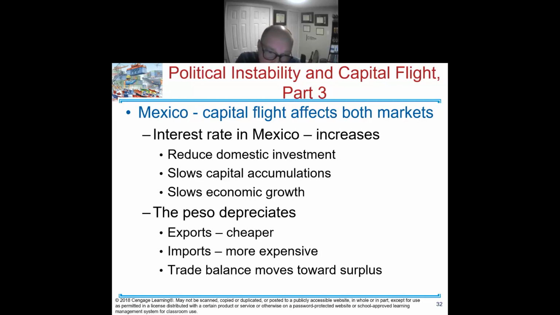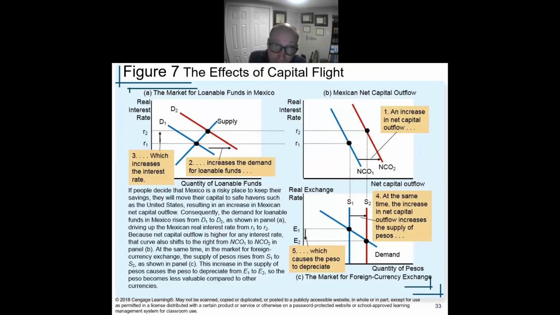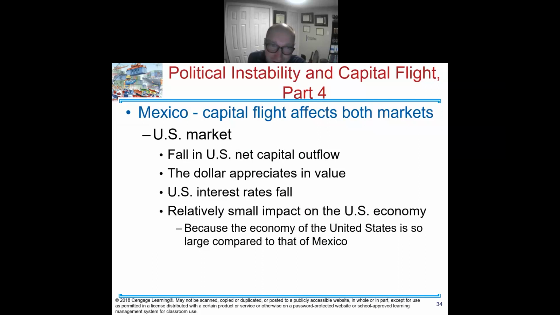It reduced domestic investment, so the Mexicans weren't investing in themselves. It slowed capital accumulation and slowed economic growth. The value of the Mexican peso decreased over time, made exports cheaper and imports much more expensive, and the trade balance moved toward a surplus. That's what happened in Mexico in 1994.